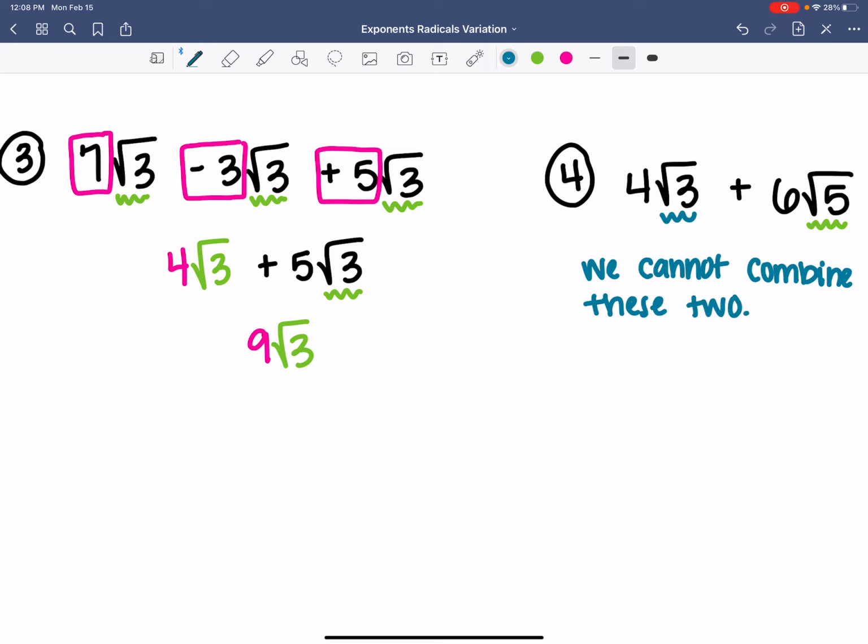Now, one tactic that we can use if the radicals don't match is to see if they can be simplified. These two cannot be simplified because 3 can only be broken down into 3 times 1. 5 can only be broken down into 5 times 1, and neither of those are perfect squares.